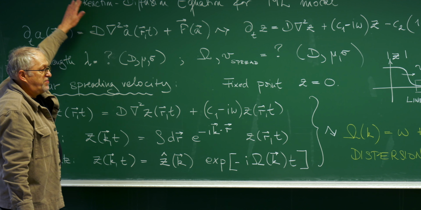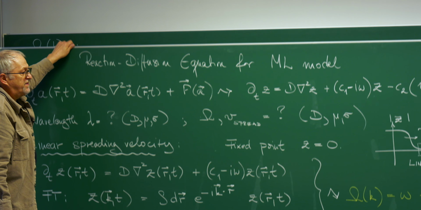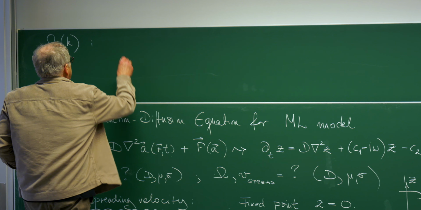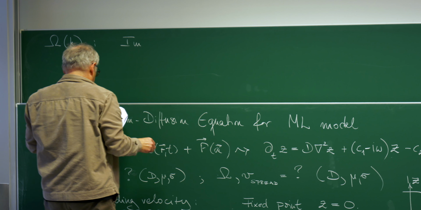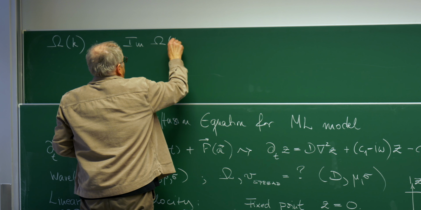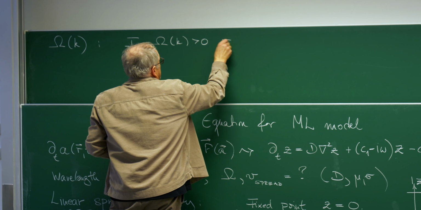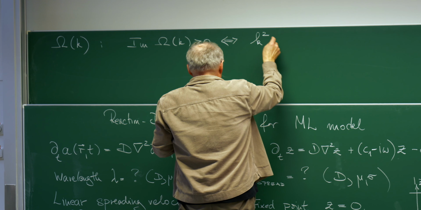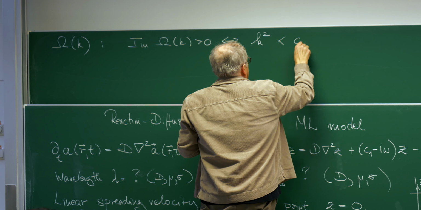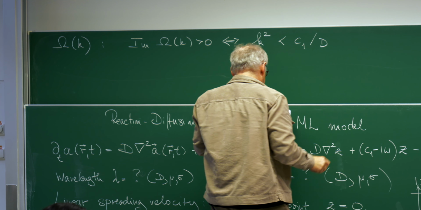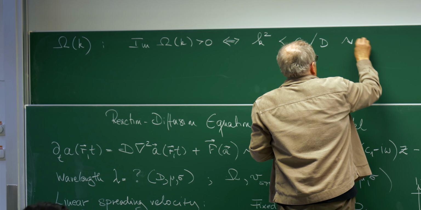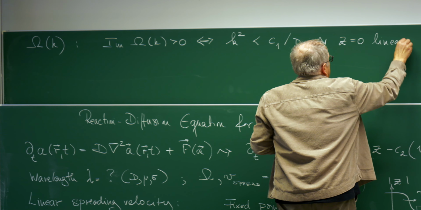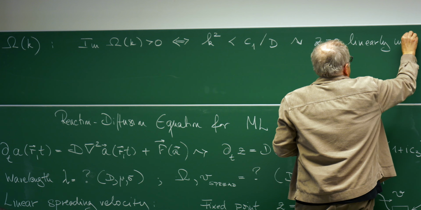So if the imaginary part of this is positive, you do have an instability. So the imaginary part of omega of k positive, which is equivalent of saying that our wave vector is smaller than C1 over D, then you have that z equal to 0 is linearly unstable.